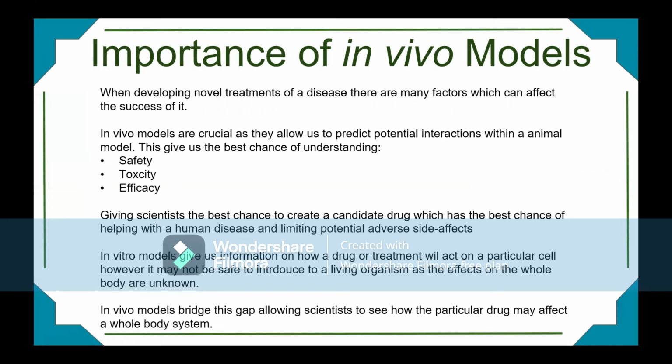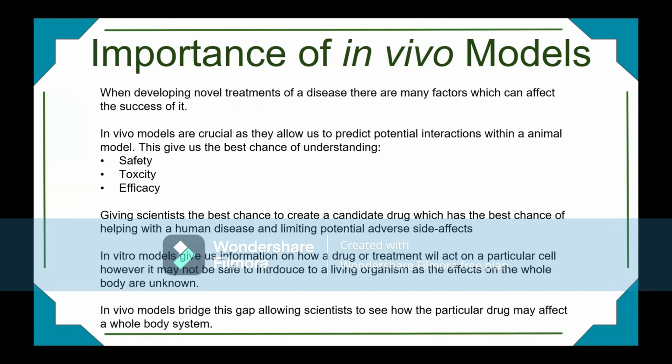When developing novel treatments of a disease, there are many factors which can affect the success of it. In vivo models are crucial as they allow us to predict potential interactions within an animal. This gives us the best chance of understanding three factors: safety, the toxicity it may have, and the efficacy.